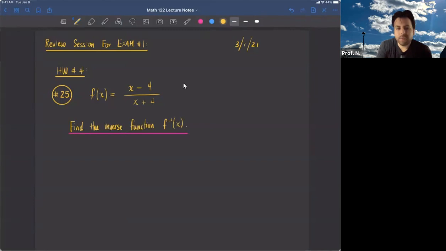Now remember what we have to do first. Well, first of all, f of x, we're just going to write it as y. So we got y equals x minus 4 over x plus 4, right? So all we did here was just made f of x equal to y, and we can perfectly do that. Then the next step is to what?